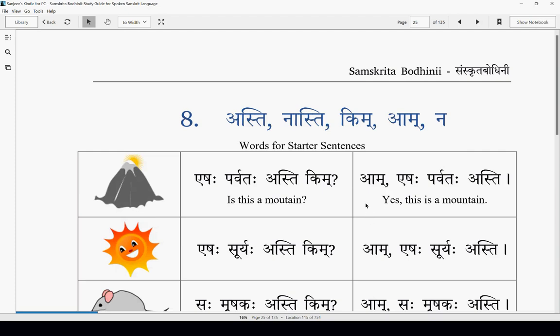So an important thing to note, I'll try to increase my volume. This kim, which you have studied before, right? In this, initially, we looked at 3 different question words, right?